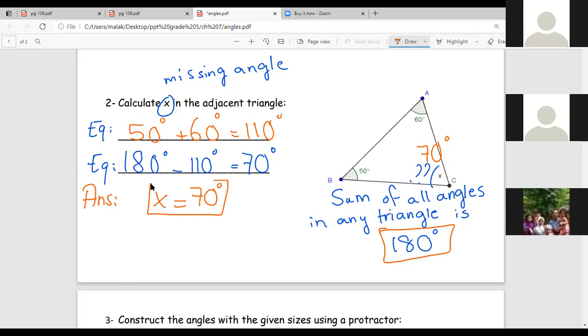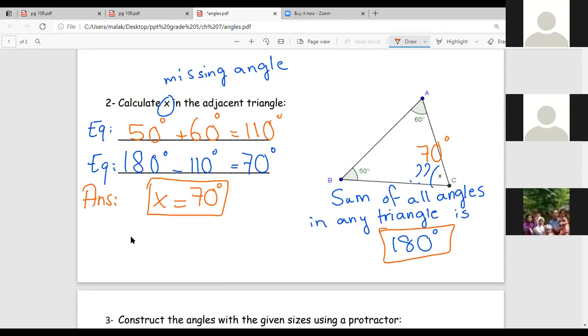The total is 180 and the missing angle is 70. So we worked on 4 and 5 to use here that the sum of all angles equals 180. For this reason you have to study that the sum of all angles in any triangle equals 180. This is how the question comes, to find the missing angle.